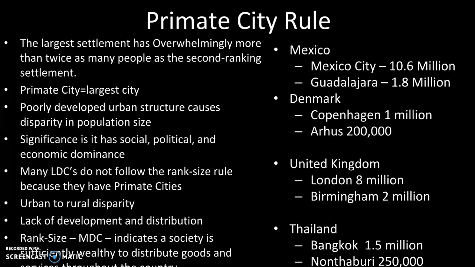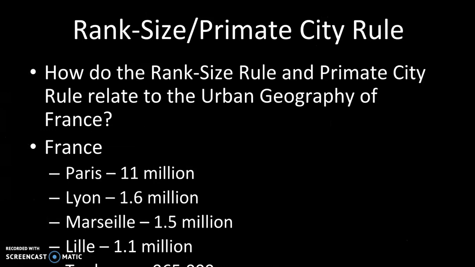In the UK, London's 8 million and Birmingham's only 2 million. And then Thailand, Bangkok is 1.5 million, and the next largest is 250,000. Overwhelmingly more than twice the size of the second largest.